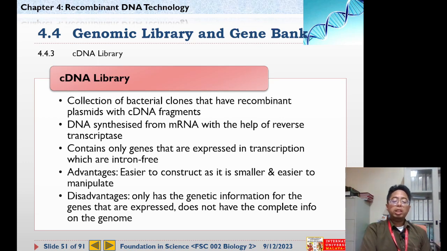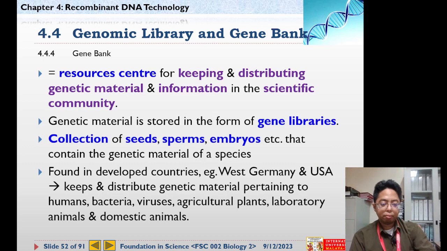Advantages: it is smaller, so easier to control and manipulate. But the bad thing is that it does not have the entire information of a certain organism. It is just the part that is expressed. There are many parts of our DNA which are not expressed at all, and they might be lost if we only use the cDNA library.